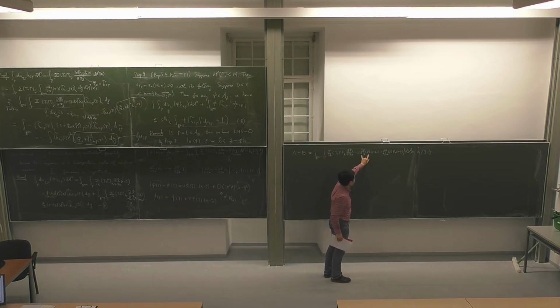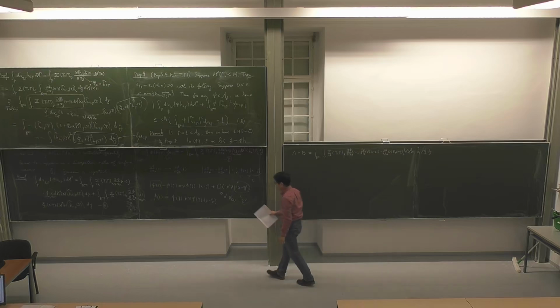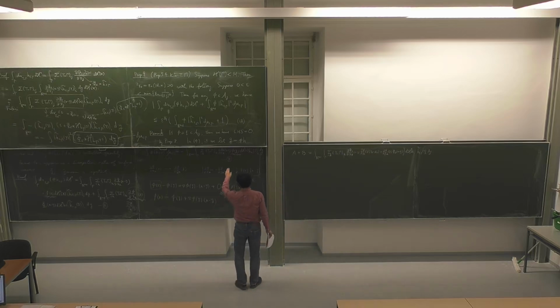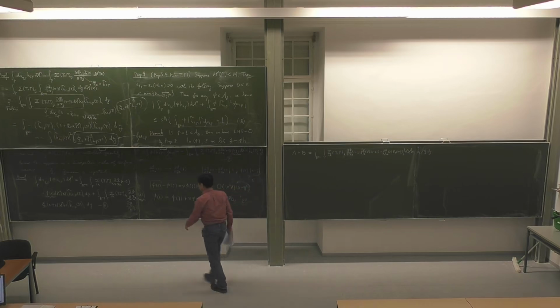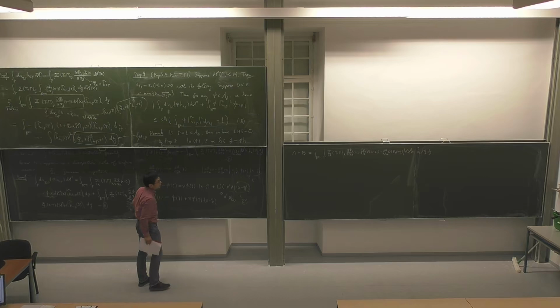Nabla phi dot x minus y is this one. And we only are left with this one, d phi dxk, but I changed it to y, d phi dy.